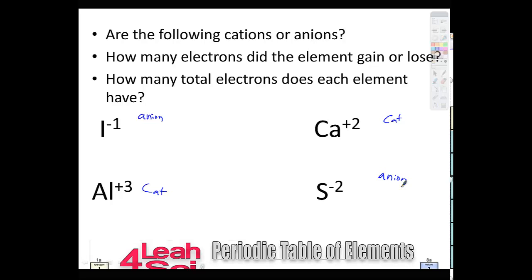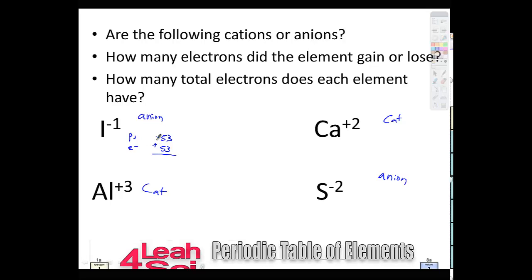Next thing that we need to do is how many electrons did the element gain or lose? So if I have -1, remember protons are positive, and electrons are negative. So if I look on the periodic table, I find iodine. If you look in the periodic table, iodine has an atomic number of 53. So I've got 53 protons, and I should start off with 53 electrons.